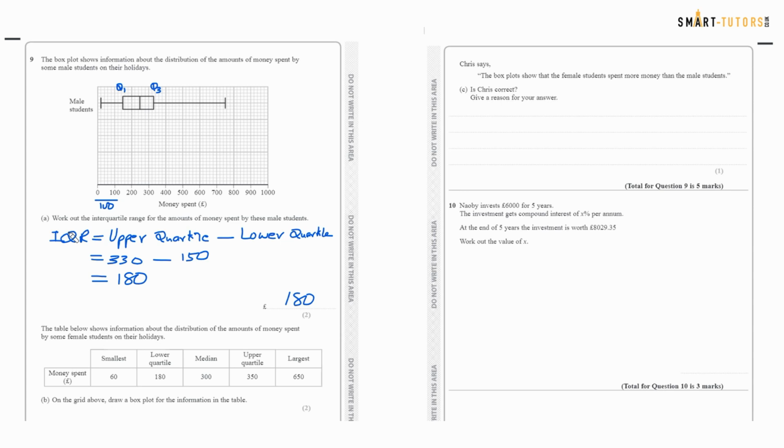So let me take the straight line. So 180. And the upper quartile is 350, which is 2.5 boxes.